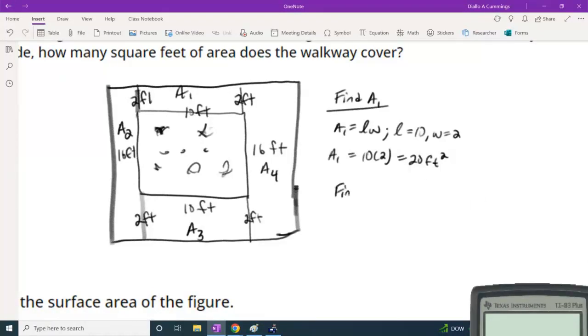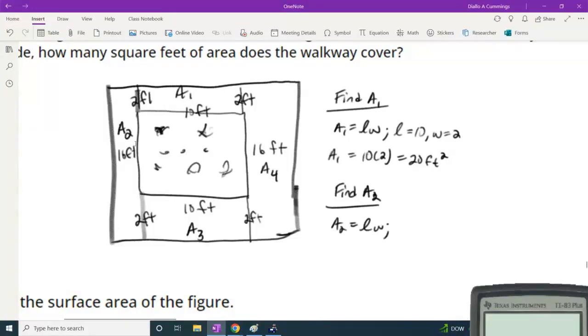Now let's find the area. Any questions about that? Because it's 2 feet wide and it's 10 feet, so I'm multiplying 10 times 2 to get 20. Now we're going to find the area for our second rectangle. That's going to equal the length times the width.